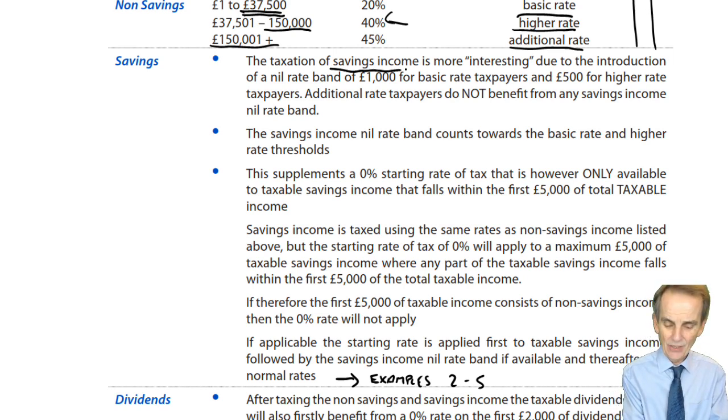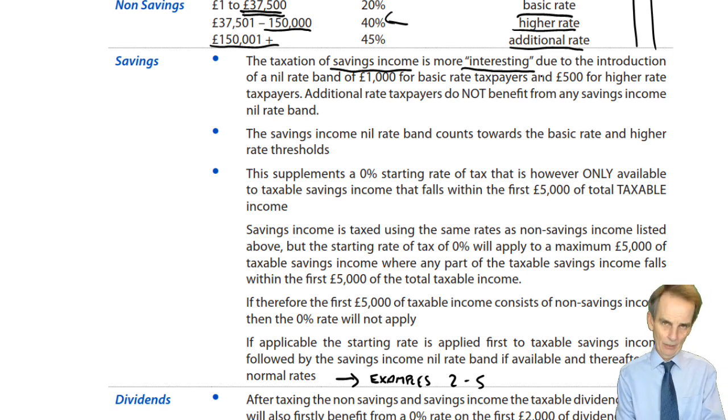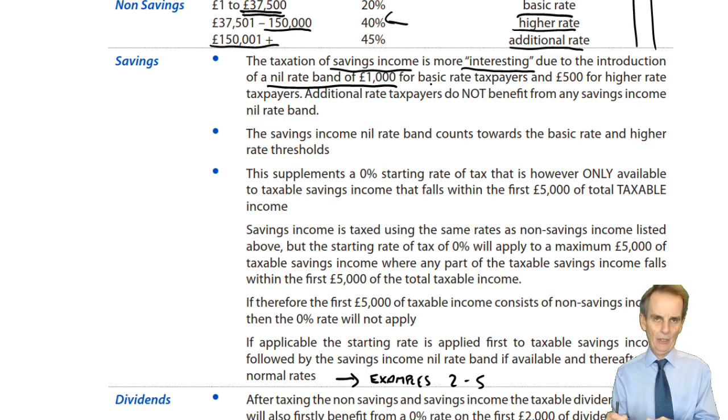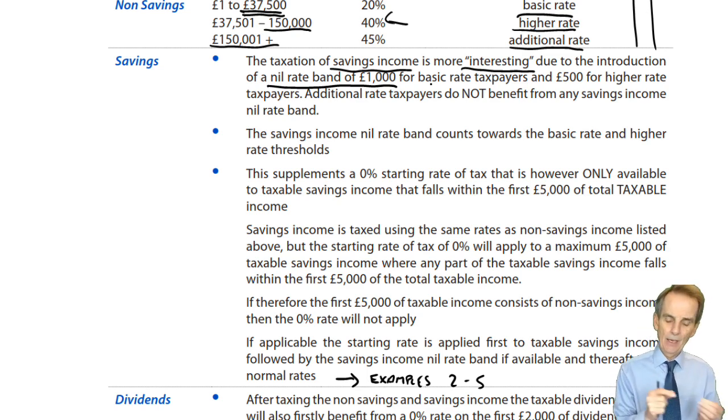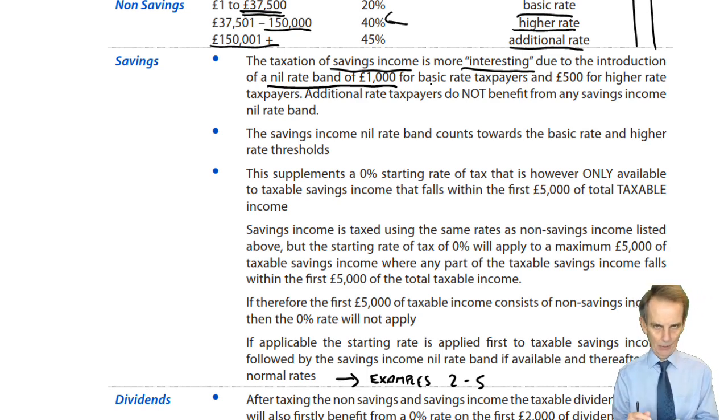The taxation of savings income, again, if you'll pardon the pun, is more interesting due to the introduction of something called a Nil Rate Band. That Nil Rate Band, notice a rate band. That is a rate of tax. It happens to be nil. This is not an exemption from taxation.